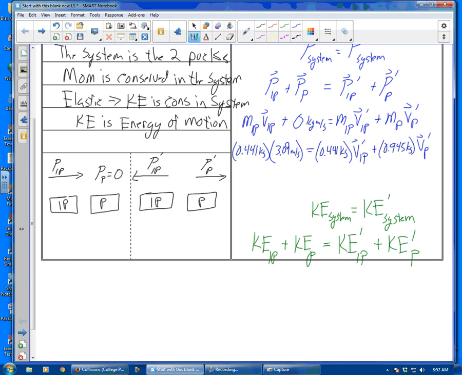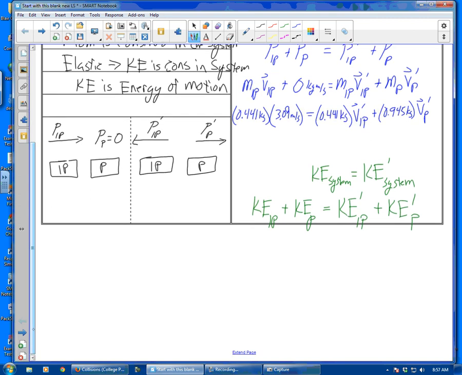And now I can use my next thing that was in my Y, which was that kinetic energy is energy of motion. And if I look up on my equation sheet, kinetic energy is 1/2 the inertia times the speed squared. Remember, this one is the scalar, not the vector.